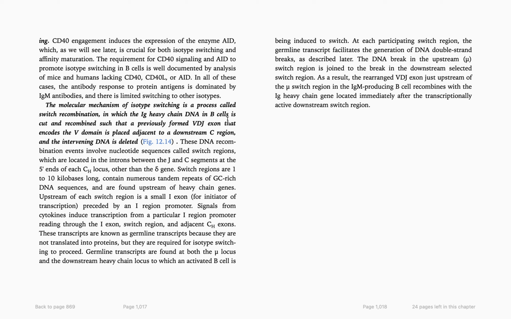The DNA break in the upstream mu switch region is joined to the break in the downstream selected switch region. As a result, the rearranged VDJ exon just upstream of the mu switch region in the IgM-producing B cell recombines with Ig heavy chain genes located immediately after the transcriptionally active downstream switch region.